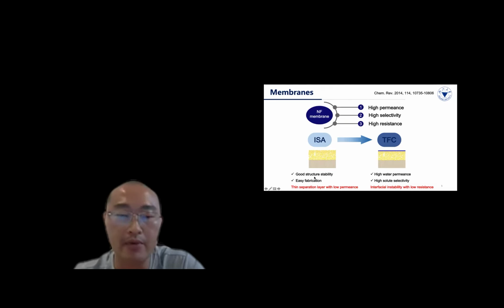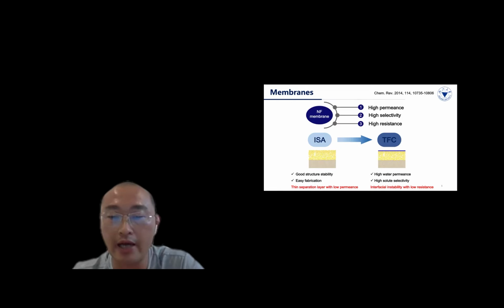The RSA membrane has good structure stability and easy fabrication, but the separation layer is thick. Usually, this kind of nanofiltration membrane has a low water permeance, but the TFC has a high water permeance because the separation layer is very thin.